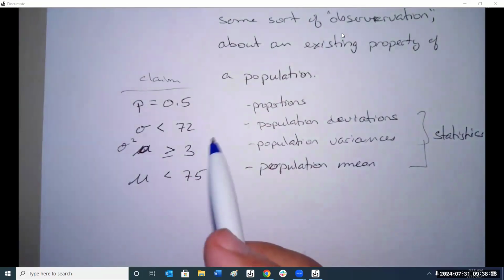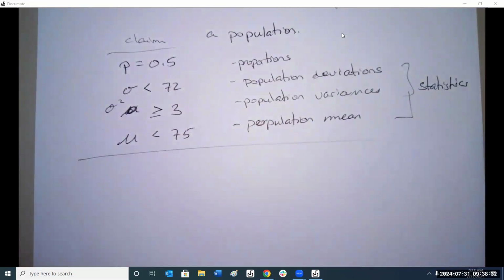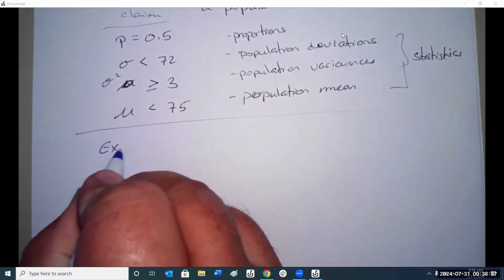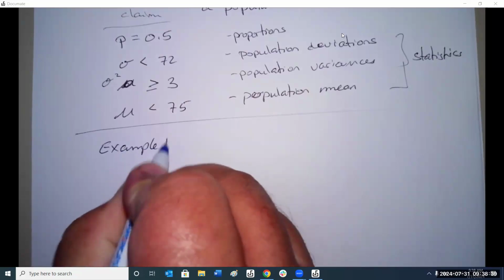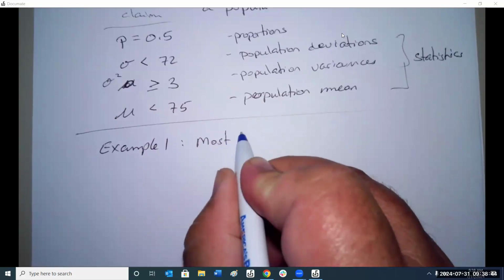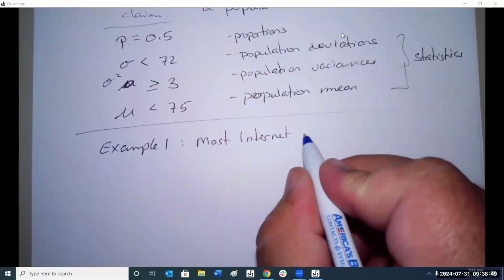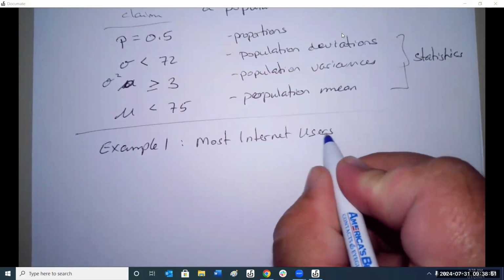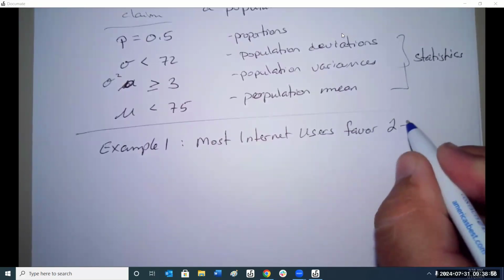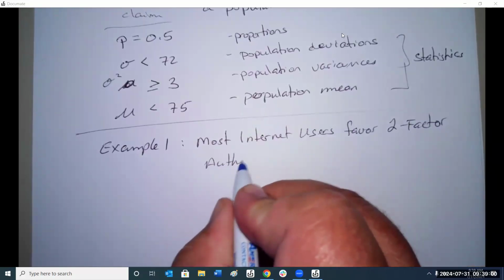And the hardest part about this topic is to figure out what is being stated. For example, let's look at example 1. Most internet users favor two-factor authentication.